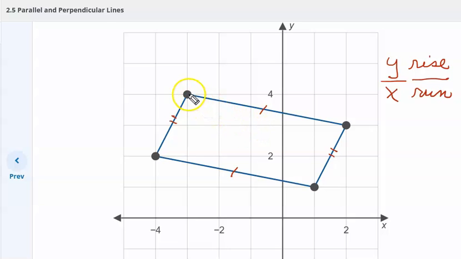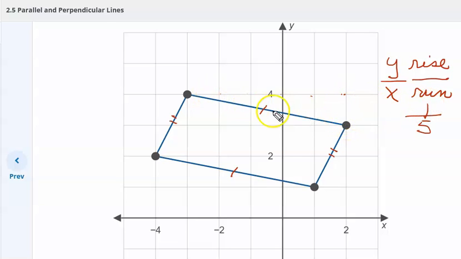So let's go from here. This would be our run, which is 1, 2, 3, 4, 5. And it's a rise of 1.